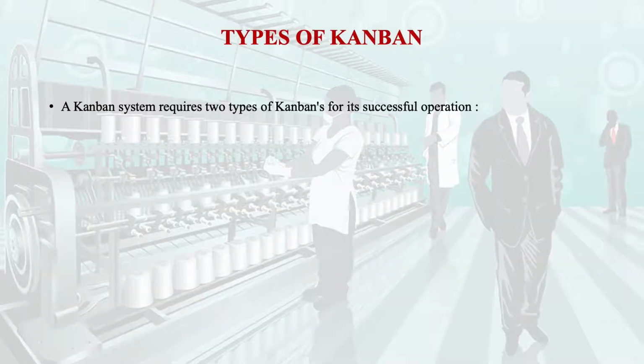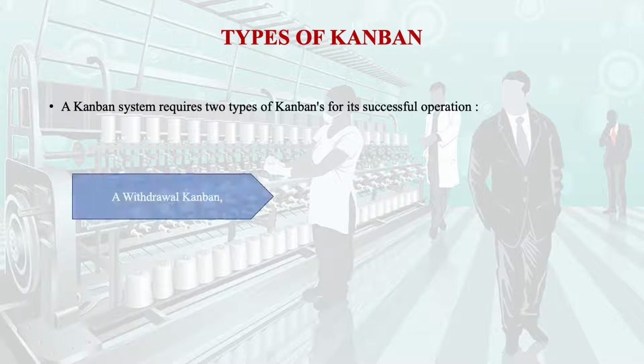Now, what are the different types of Kanban? Till now we have been discussing only Kanban in general. There are 2 types of Kanban system. One is withdrawal Kanban and the other is production Kanban.